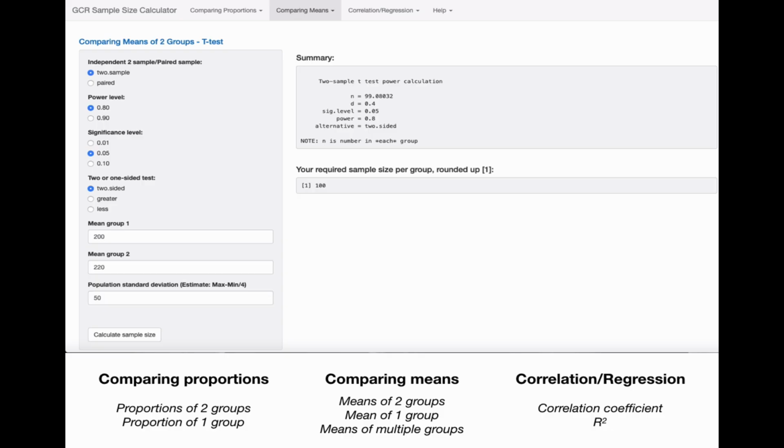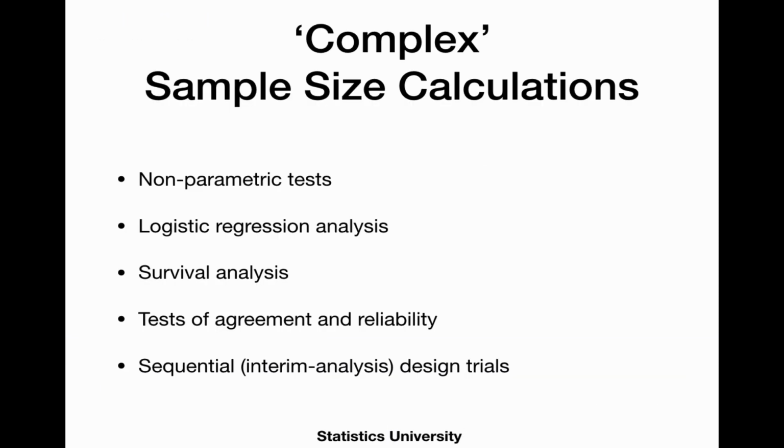Now, this is a screenshot of how the sample size calculator on the GCR statistics website looks like. You can readily use it to calculate sample sizes for the comparison of proportions, comparison of means, and for correlations and regressions.